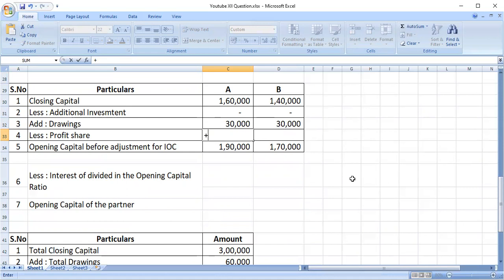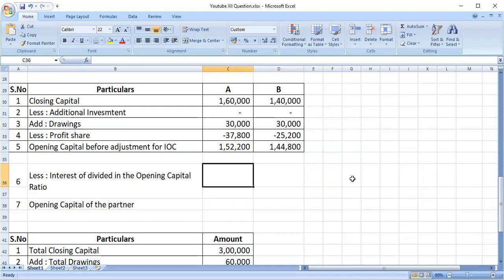So that would be your 63,000 into 3/5, the profit sharing ratio, and 63,000 into 2/5, again the profit sharing ratio. So now we have the opening capital before adjustment for interest on capital, and this opening capital only would be used to apportion the total interest of 27,000.